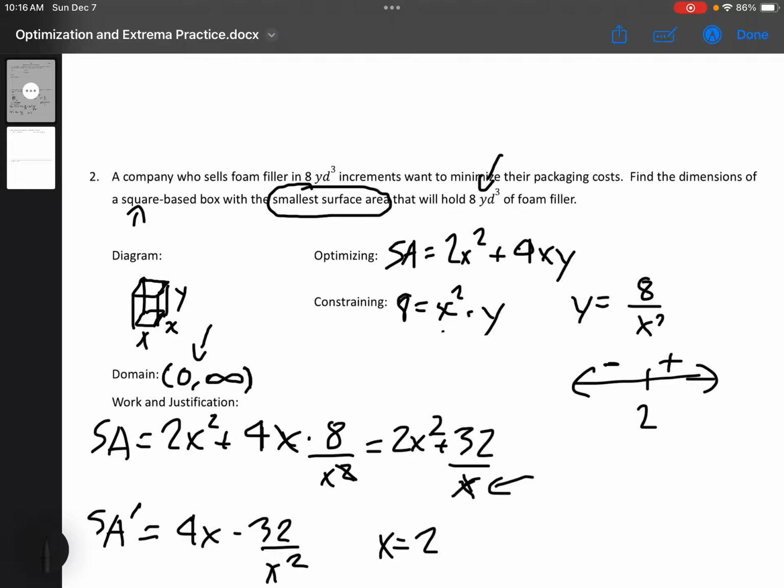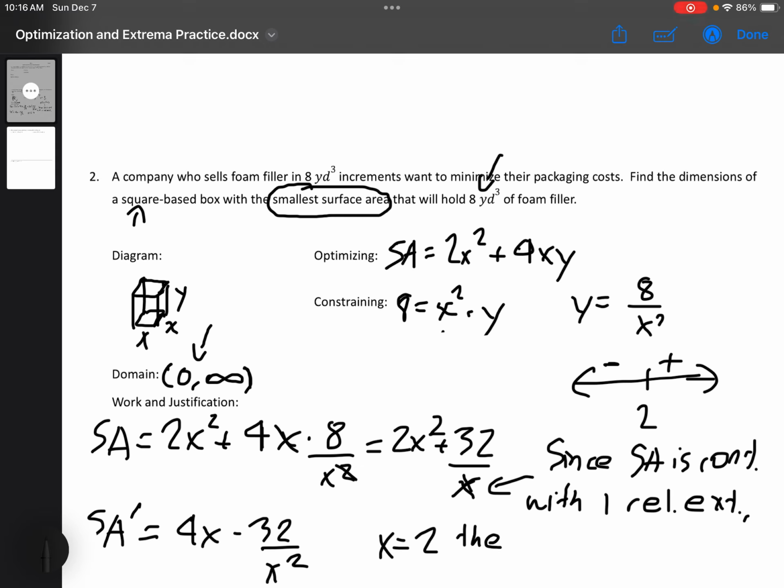Now, I'm going to abbreviate the final sentences, but it's just since surface area is continuous, so I'm abbreviating continuous, with one relative extrema, the relative extrema is absolute extrema.